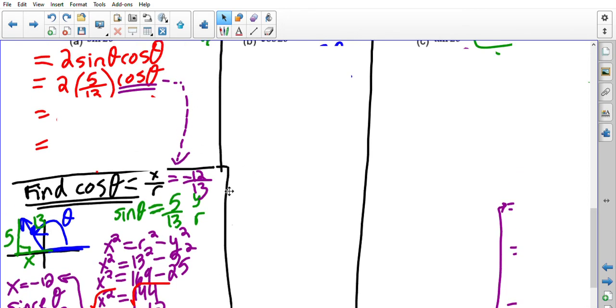Another common mistake students make, and I see it every year, is that they will go back and put negative 12 over 13 in for just theta. So they will write cos of negative 12 over 13. Whatever you need to do, write on a separate sheet of paper, put on a post-it note, that that is not the case. Negative 12 over 13 is not an angle measure, right?